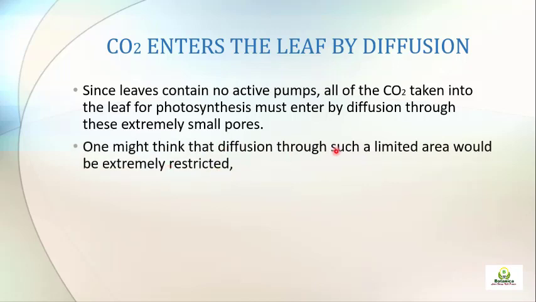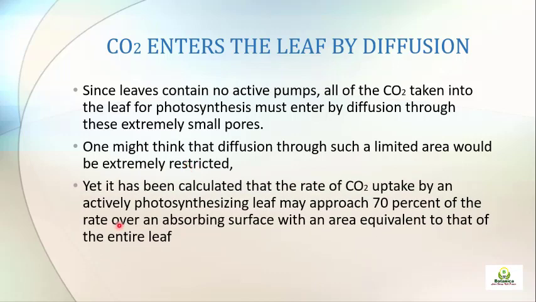One might think that diffusion through such a limited area would be extremely restricted. We are discussing that this 2% area is very small and it would not be able to exchange sufficient carbon dioxide. But yet it has been calculated that, given the nature and structure of the stomata, it is very efficient for carbon dioxide uptake.